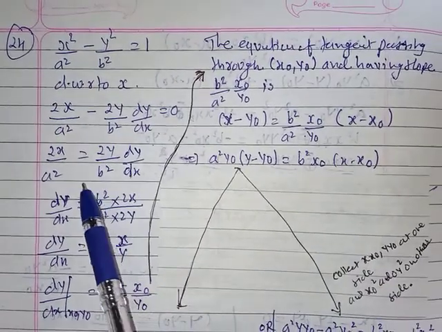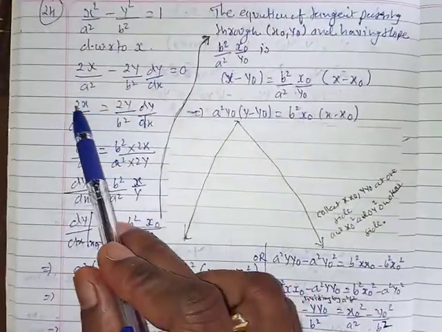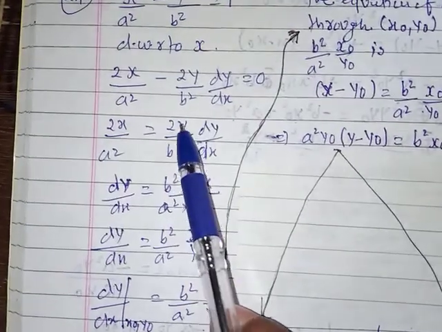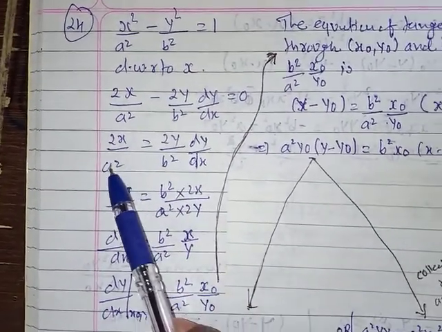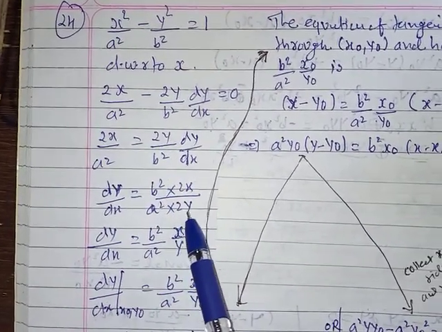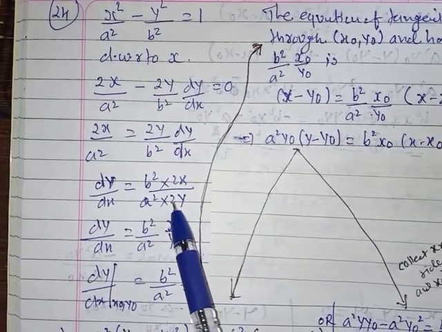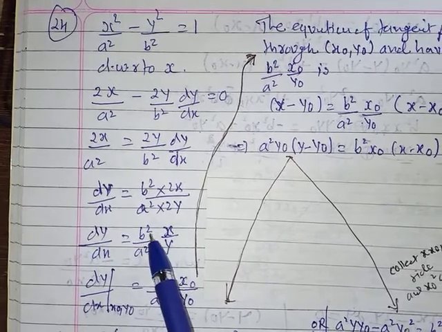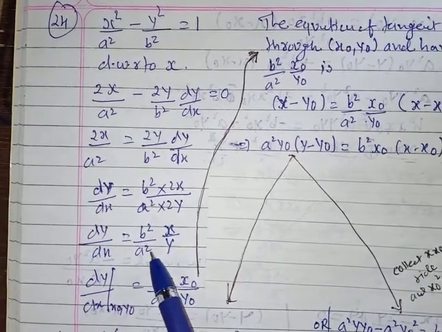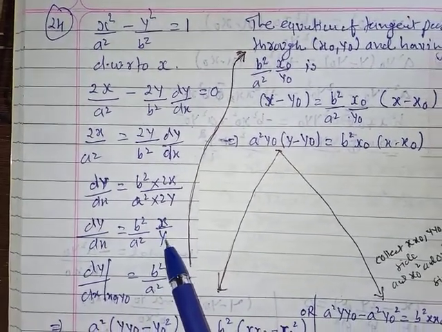You want to find dy by dx, so it will be 2x b squared upon a squared 2y. The 2 and 2 will cancel out, so dy by dx is b squared upon a squared into x upon y.